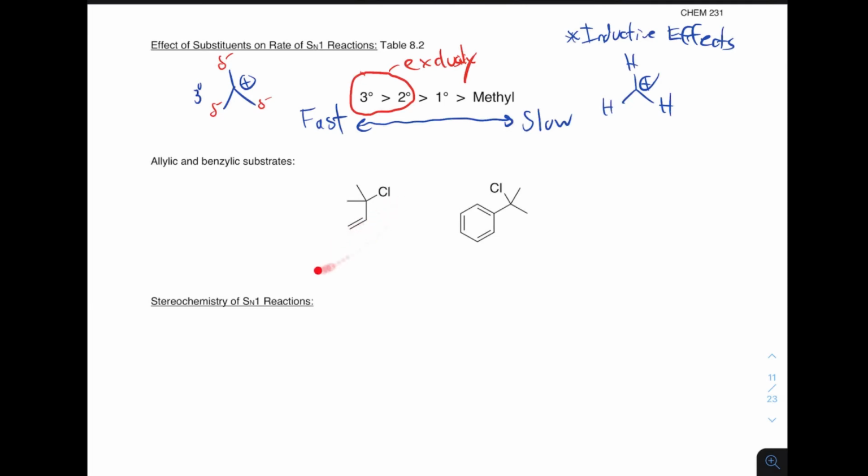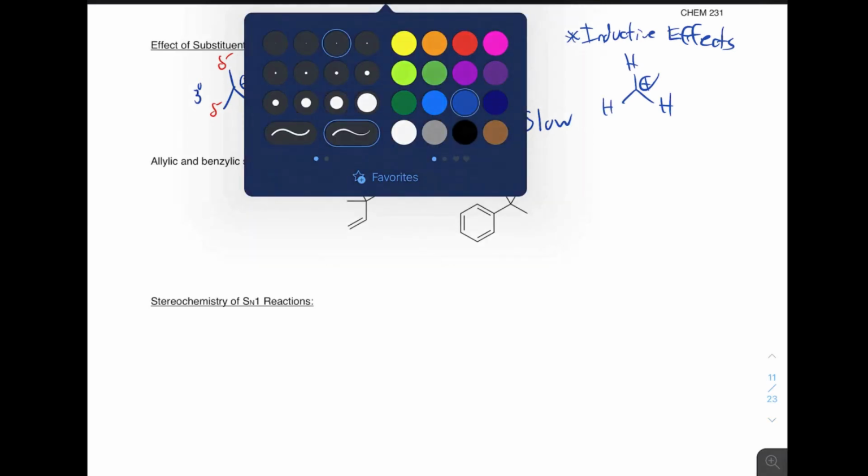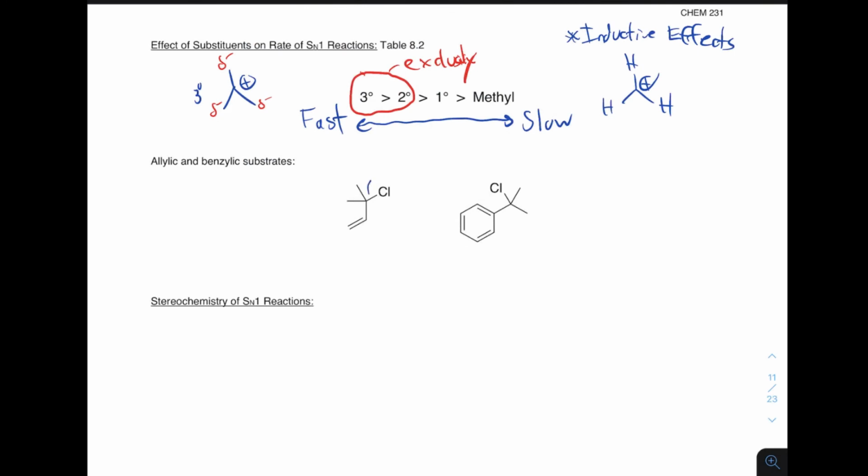Furthermore, as we've mentioned in chapter 4, we can get an even more stable carbocation when we have the chance for resonance. So if this was an SN1 electrophile, we would be left here with a positive charge on a carbon next to an sp2 carbon, which we know can do resonance.